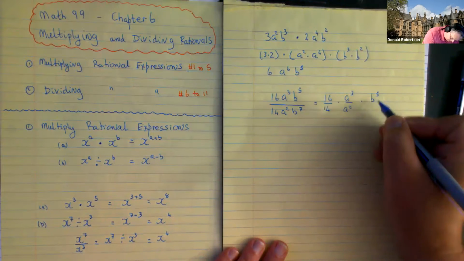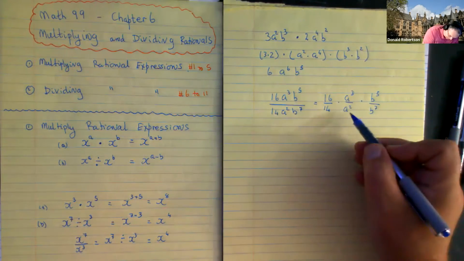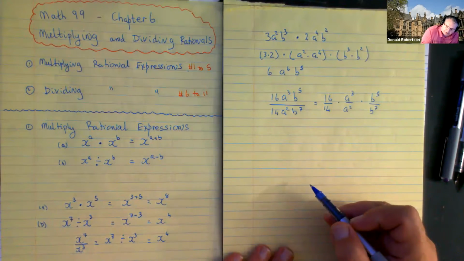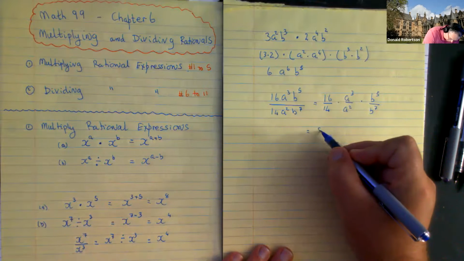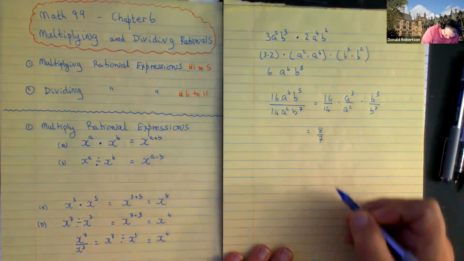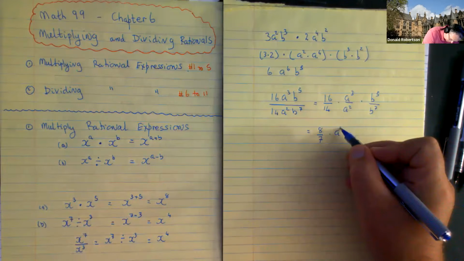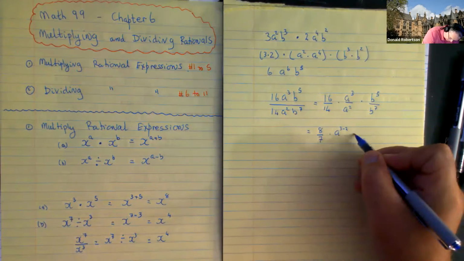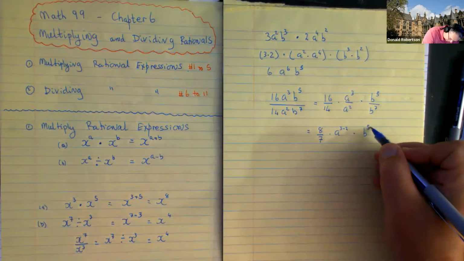Each of these is going to get divided by the equivalent power underneath. Now 16 and 14 don't really give you much, but you can get 8 over 7. Now an a cubed and an a squared gets you 3 take away 2, and a b to the 5 divided by b to the 7 gets you 5 take away 7.